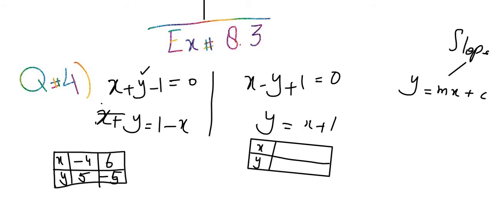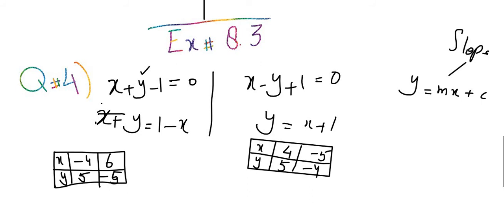Here I take the values of x as 4 and -5. You can take any number, any digits. I am taking 4 and -5. Here I get the values of y, that is 5 and -4.